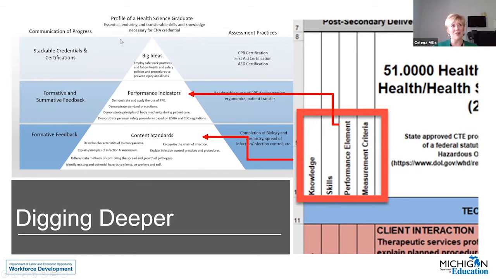From there, they said, okay, if this is the big idea, this is what students need to really be able to demonstrate and know, and this is what they have to know to be able to do that, how will we know if they know it? And those things became performance indicators. And sometimes they could lift these right off of the gap analysis document from one of these two columns here.